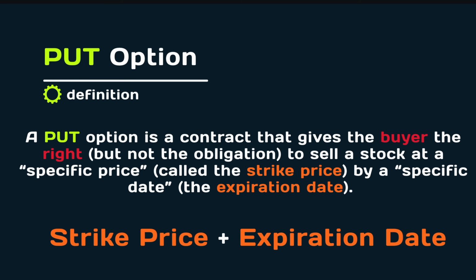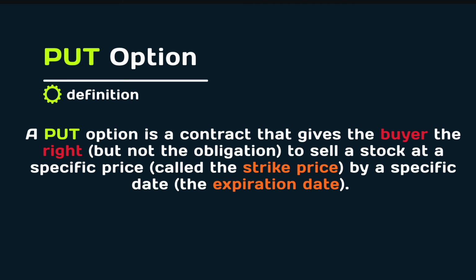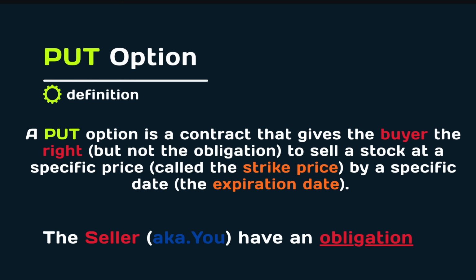So going forward, every single options contract has a strike price and an expiration date. Looking at this in totality, as a seller, there's one important thing you must walk away remembering: as the seller, you are obligated to buy each share from the buyer should they wish to exercise their right anytime from today to the expiration date.